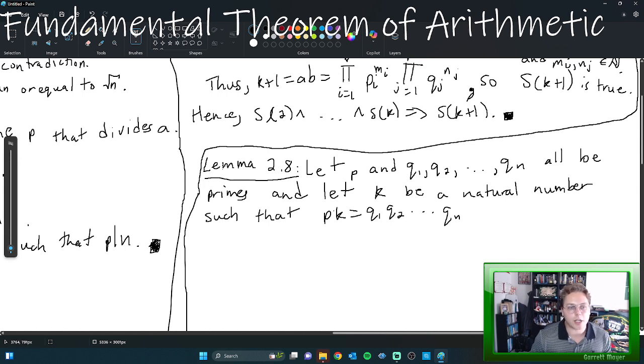So basically what we're saying here is that we're defining p and then these sets of primes such that p divides the product of all these q's.